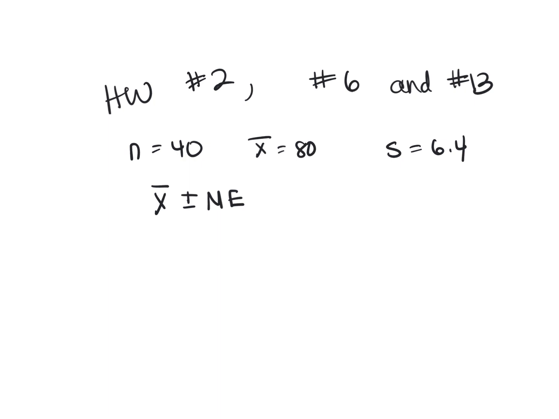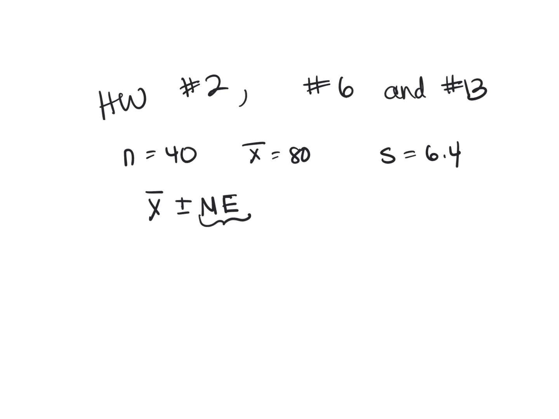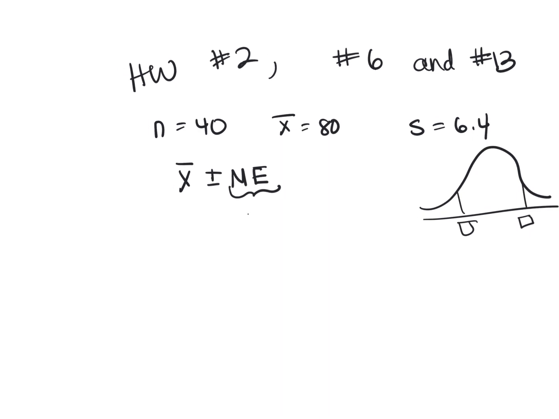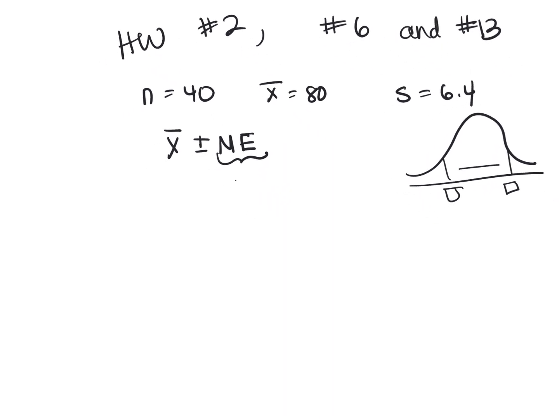So there's my bell. What we're working on here is this idea: this margin of error is calculated in a certain way. It is calculated by taking a critical value based on your distribution. In this case, we're assuming it's a normal curve. So we're taking some cutoff values based on how much data we want.